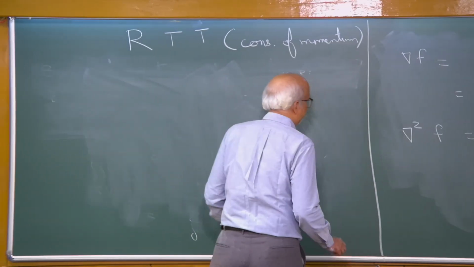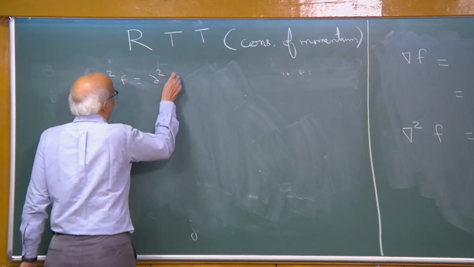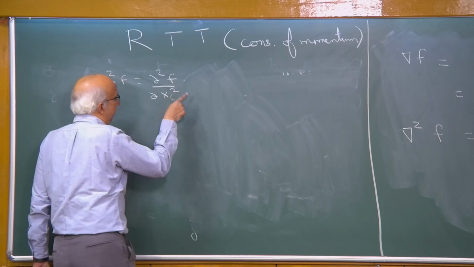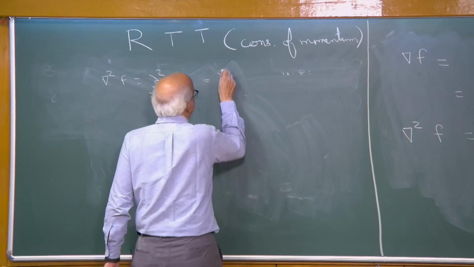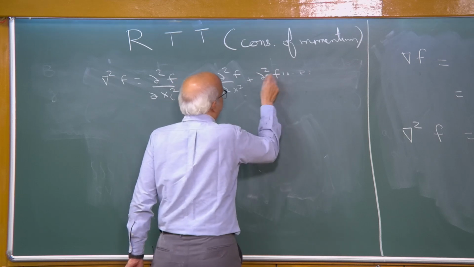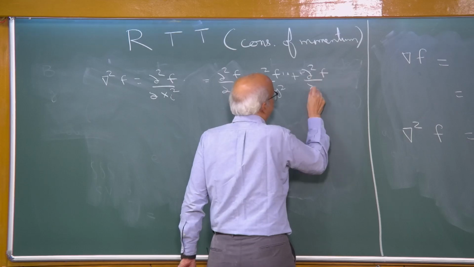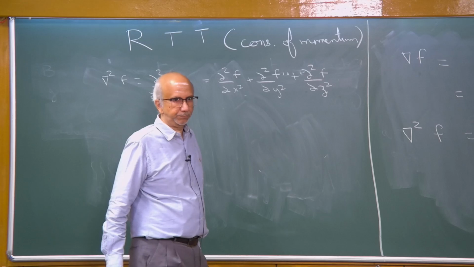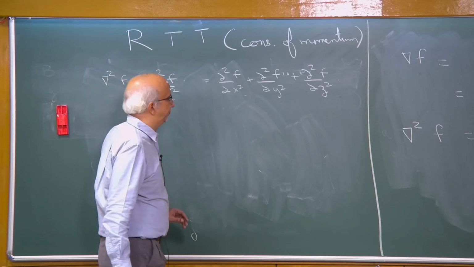So, del square f is d square f by d xi squared. Again i is repeated, because it is d by dxi, d by dxi. This is d square f by dx squared plus d square f by dy squared plus d square f by dz squared. Yes, that is right.